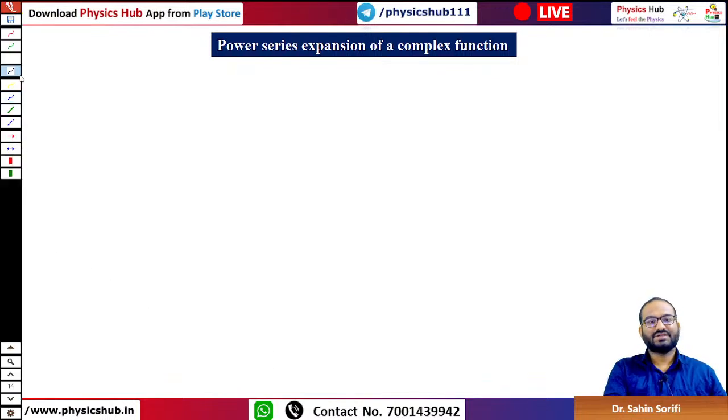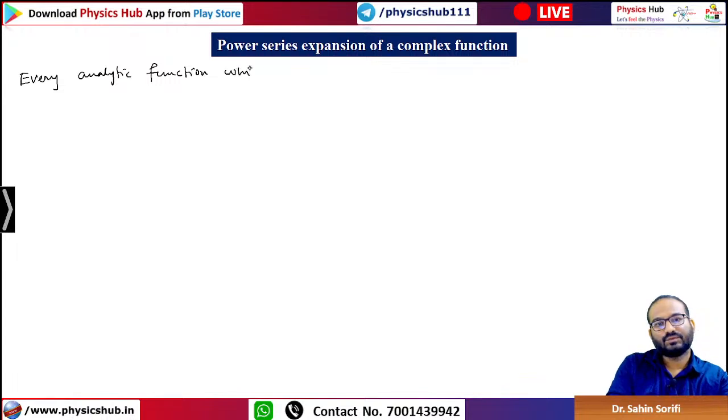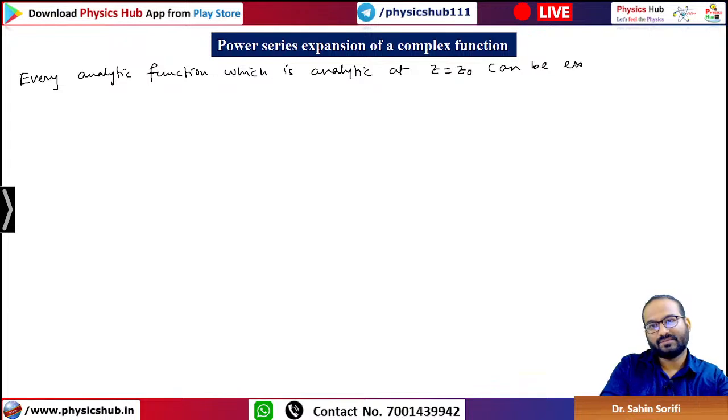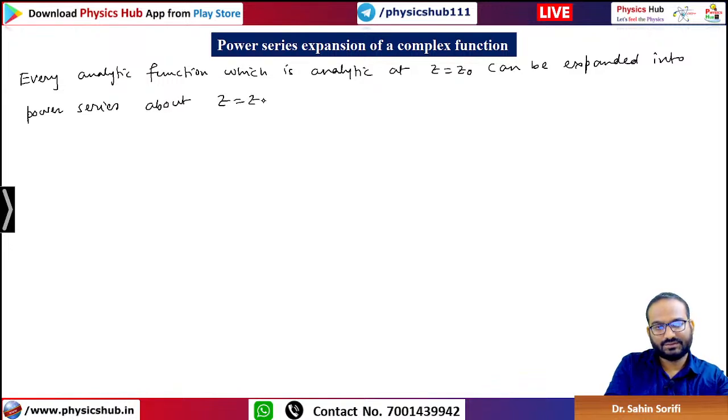So every analytic function which is analytic at z equals z0, let's say, can be expanded into a power series about z equals z0.